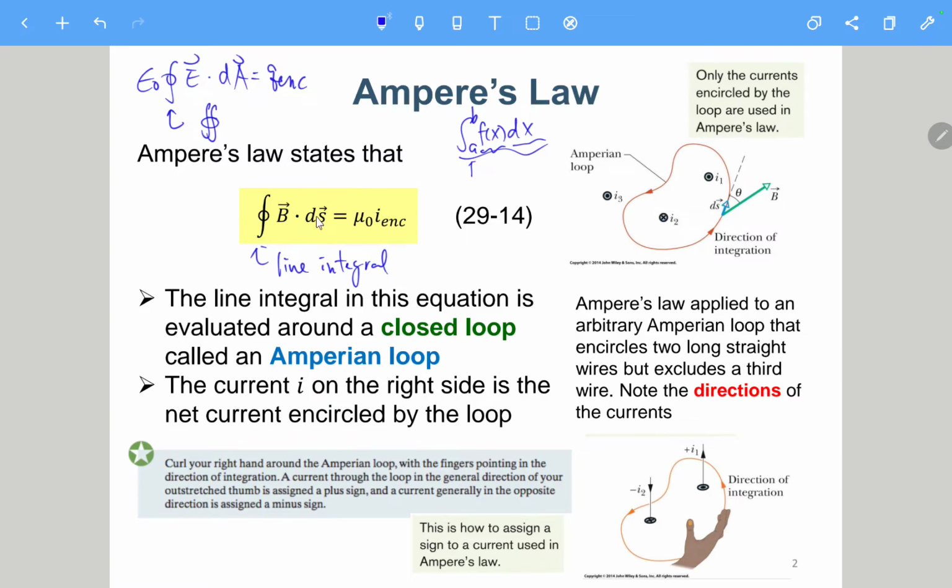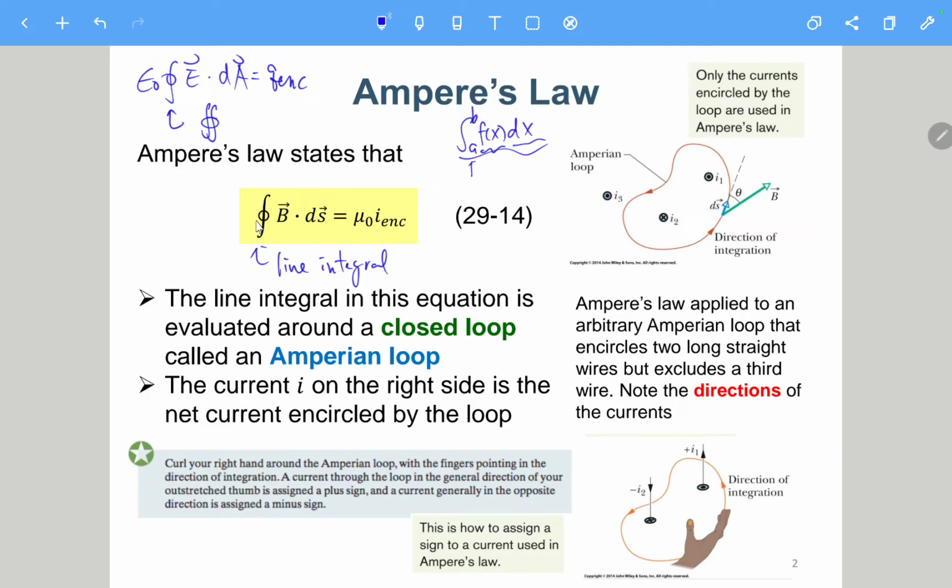Here we define a path on the coordinate, and integrate the field along the path we defined.